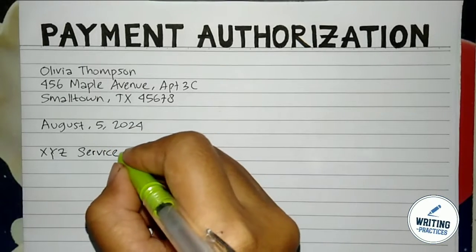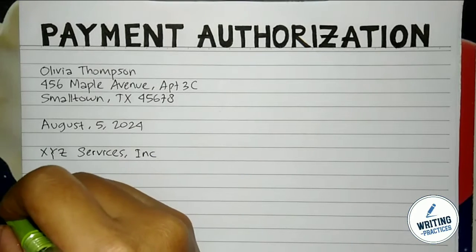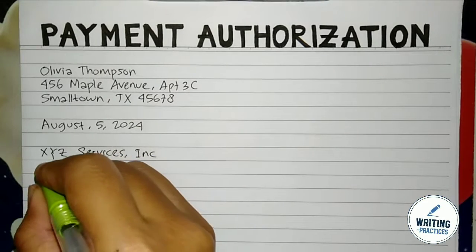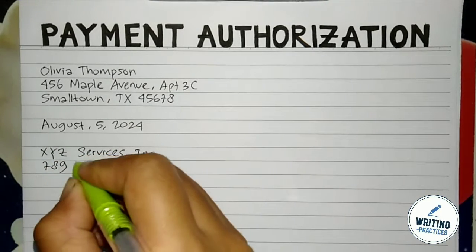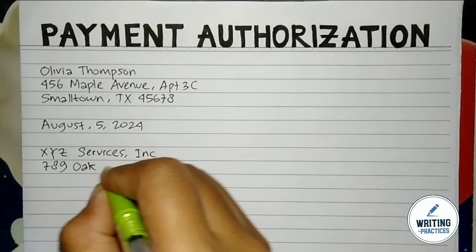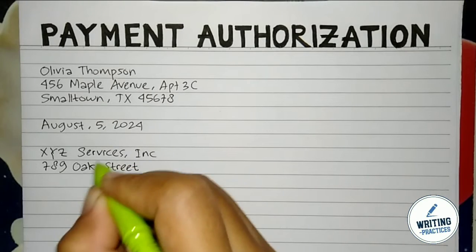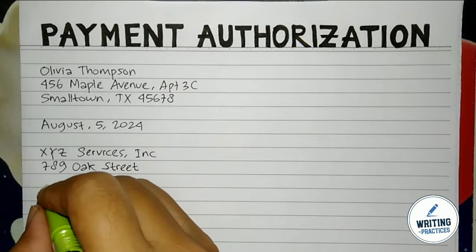And now, write the date of the letter. Use the format of month, date, and year. The date is specified, indicating when the authorization is being made. For the next, you need to write the information about the recipient. In case you don't know the name of the recipient, you can simply write the organization or company name.